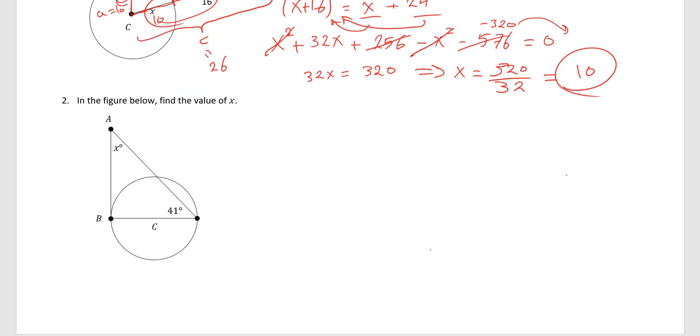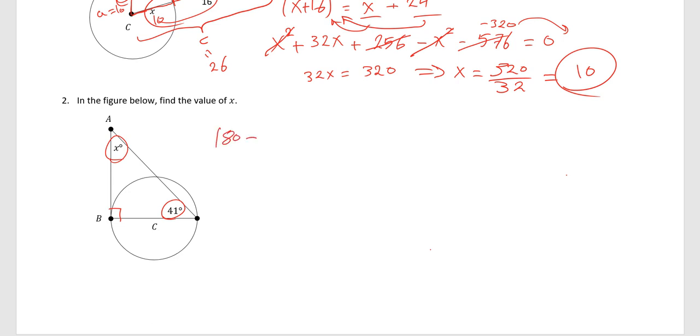Next exercise. In the figure below, find the value of x. So we have this circle. We have this as a tangent. This is 41 degrees. With this being a tangent, the angle is 90 degrees. So x is essentially what's left out of 180, right?